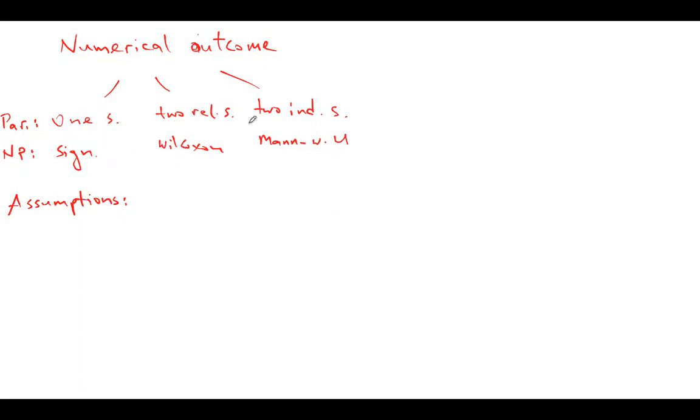What were the assumptions for the two independent samples? Normal distribution, one. Second?